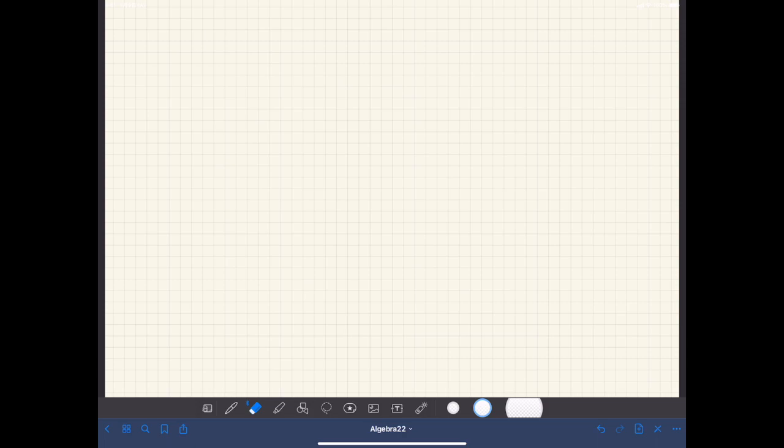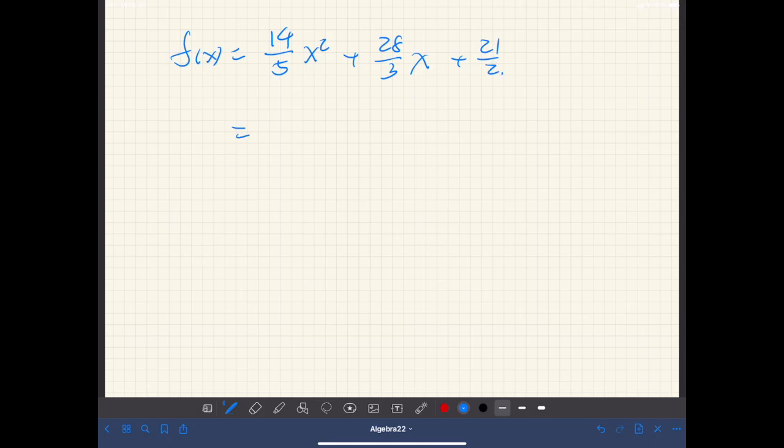Let's see an example. Suppose f of x is 14 over 5 x squared, 28 over 3 x, and 21 over 2. So let's factor this: 5 times 3 times 2 is 30, so the coefficients become 84, 280, and 315 over 30. If we find the greatest common divisor of these three integers, that would be 7.